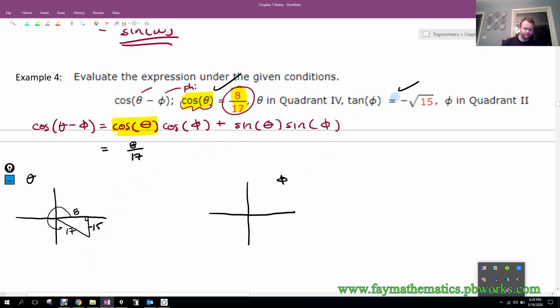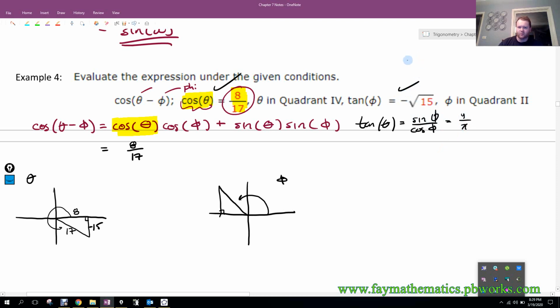Now we're doing phi. Phi says the tangent is negative root 15. But we're in quadrant 2. So that's phi. And remember, tangent of phi is equal to sine of phi over cosine of phi, which, if we think about sine as your y value, cosine is your x value.